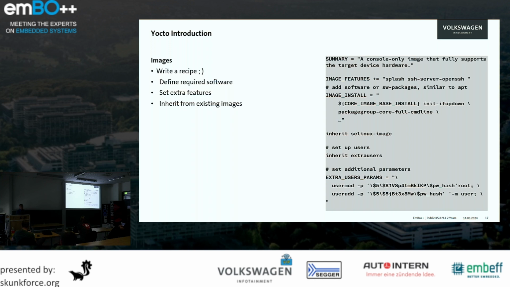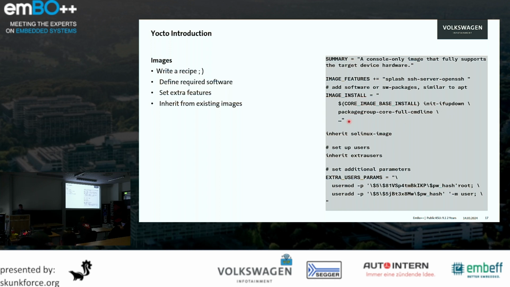And the packaging is done with images, which are, again, recipes. And they are a bit different from the content. So you have these image install blocks where you can list all the components that you want to have in your operating system. So here, for example, init.